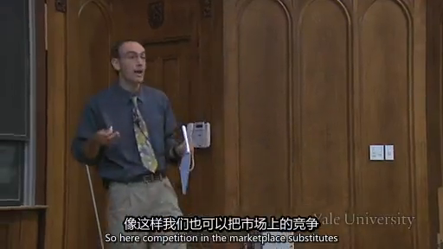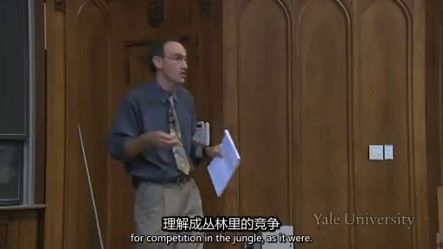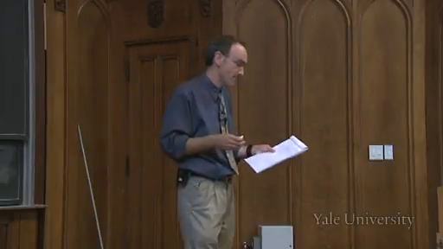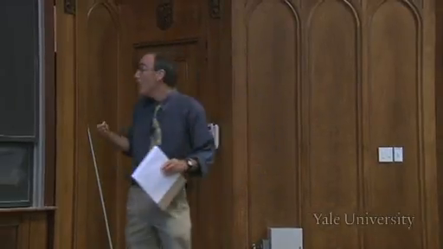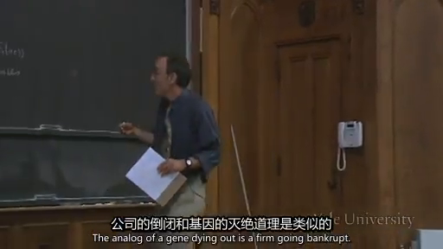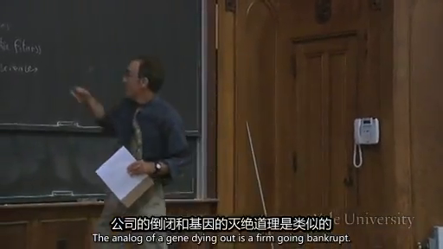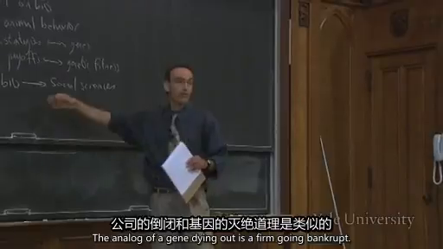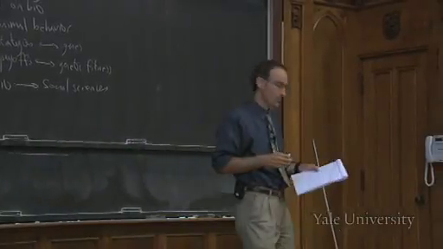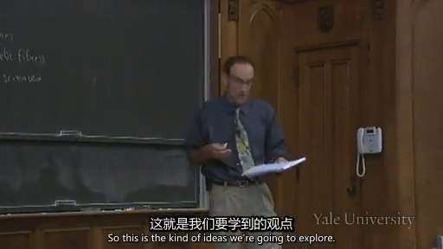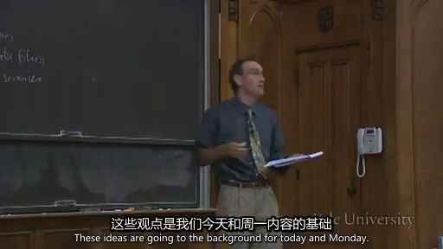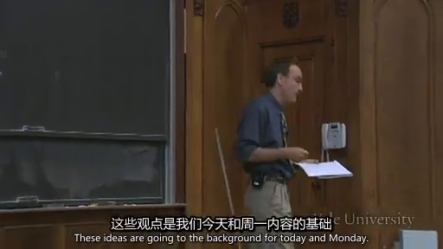That makes sense? So here, competition in the marketplace substitutes for competition in the jungle, as it were. And the analog of a gene dying out is a firm going bankrupt. So these are the kind of ideas that are going to be in the background for today and Monday.